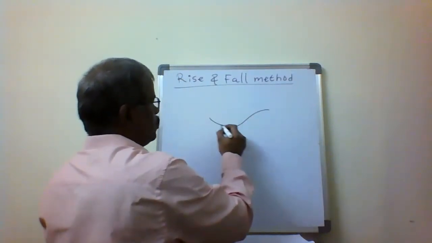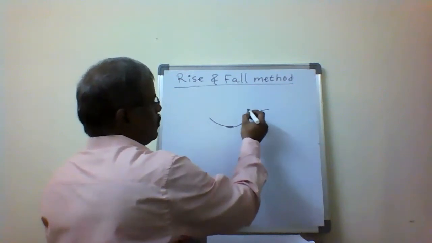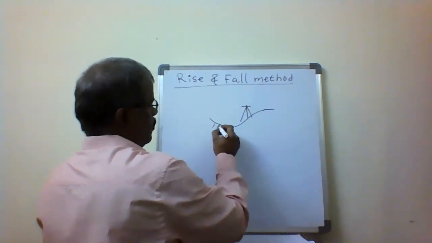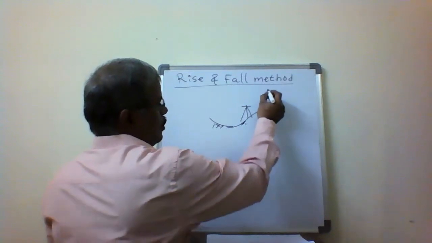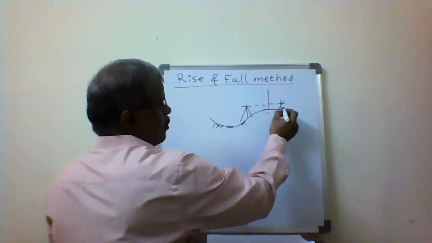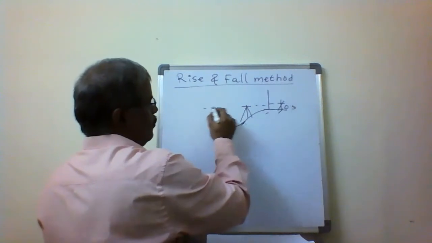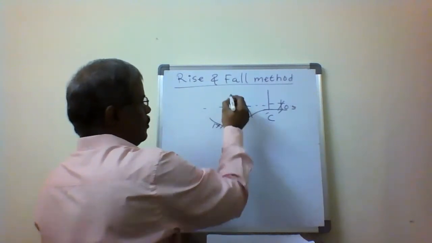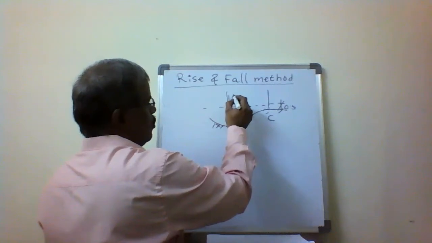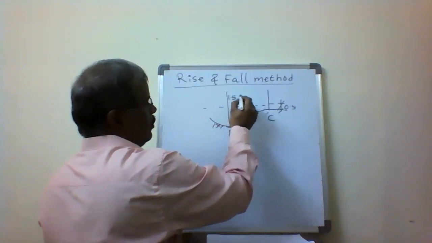Now this is the opposite of that one. Here the staff reading will be 0.5. So this is the C point and this is the B point. Here the staff reading is 1.5.